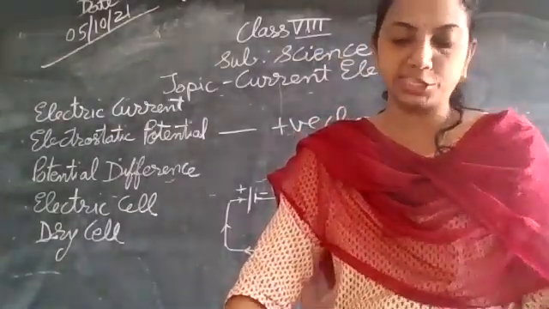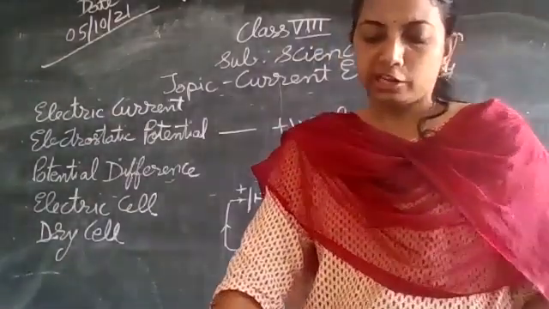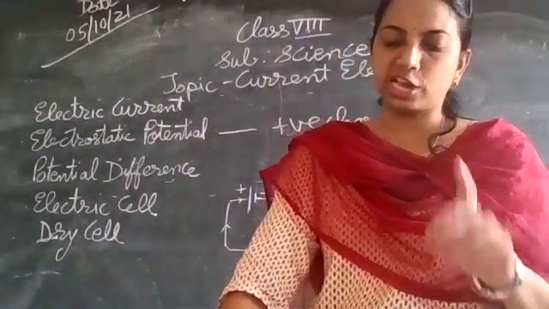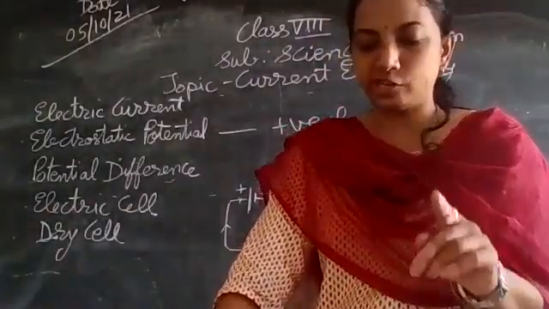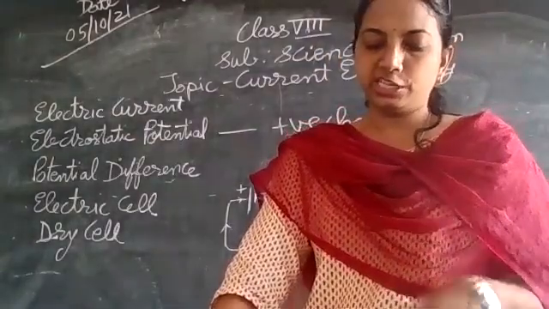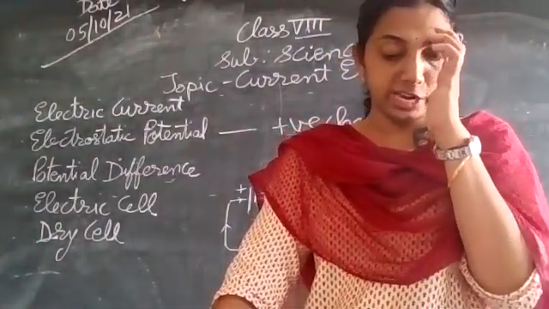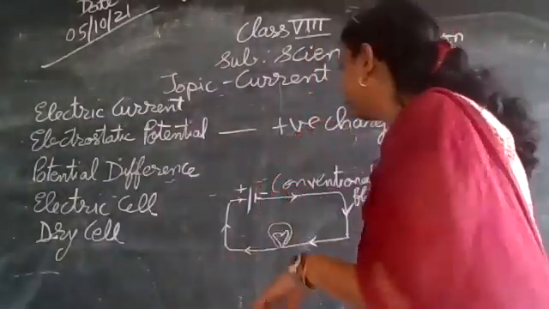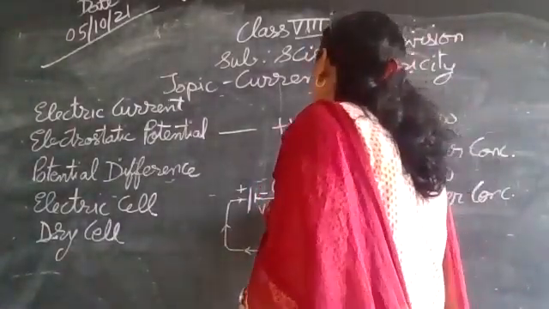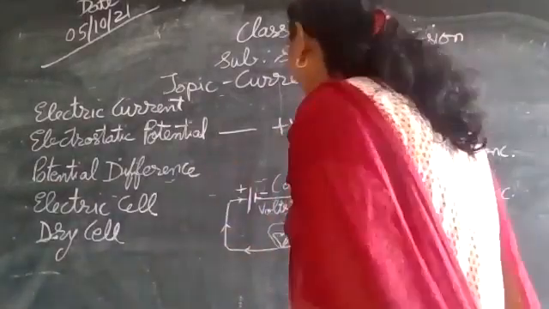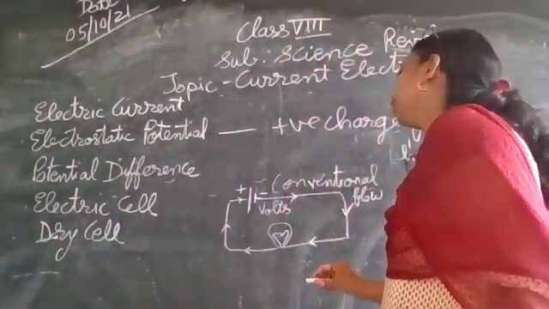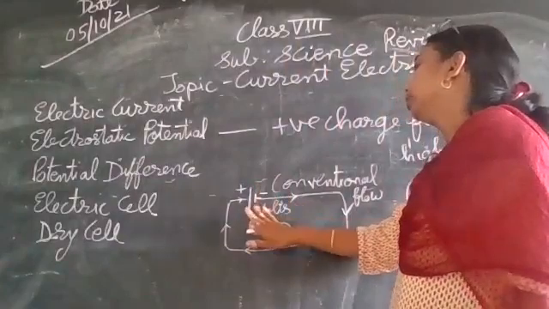But if we consider no current, as there is no potential difference in the absence of any dry cell or other cell, current starts flowing in the circuit as soon as the potential difference is applied. The SI unit of potential difference is the volt.